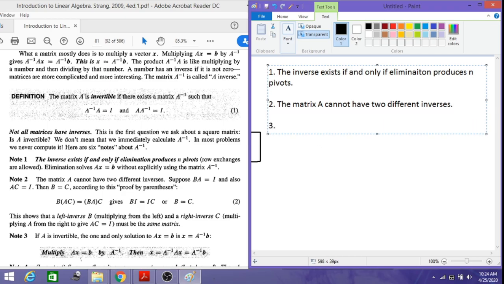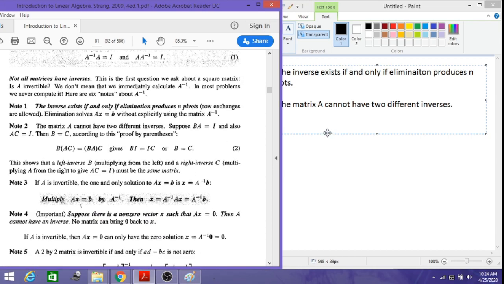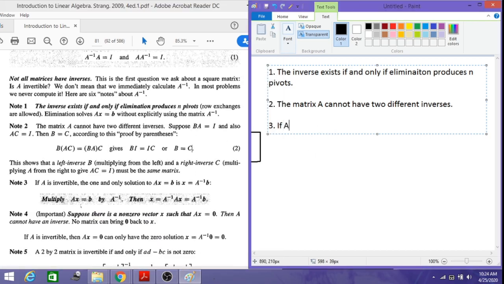And the third point is that if A is invertible, the one and only solution to Ax equal to B is that X is equal to A inverse B. So this is the way.